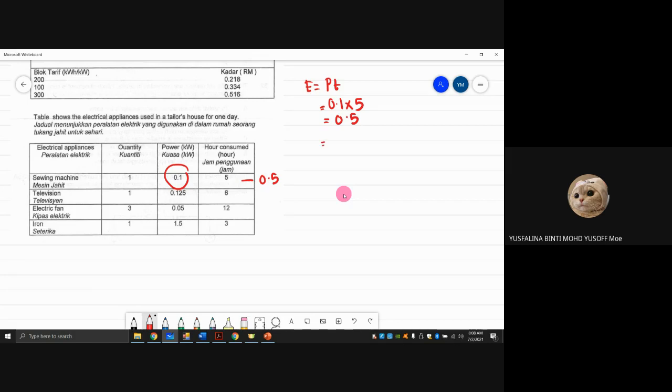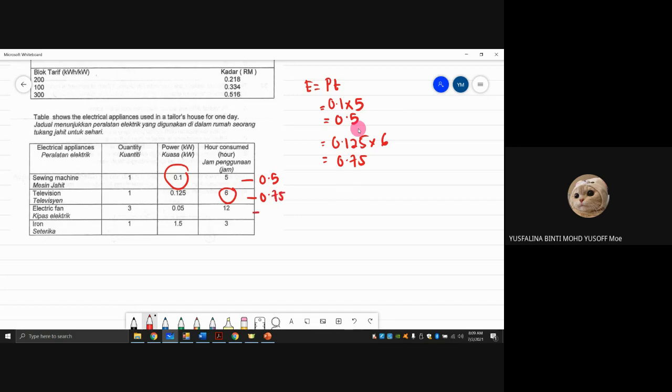The power here is 0.125. How many hours do you use? 6 hours. Remember, P must be in kilowatt, the time must be in hours. So 0.125 times 6, you will get 0.75.